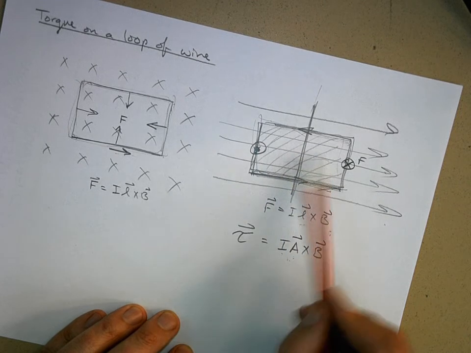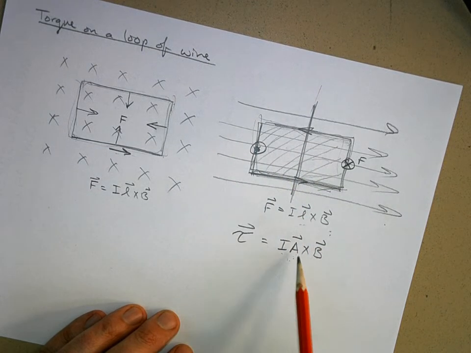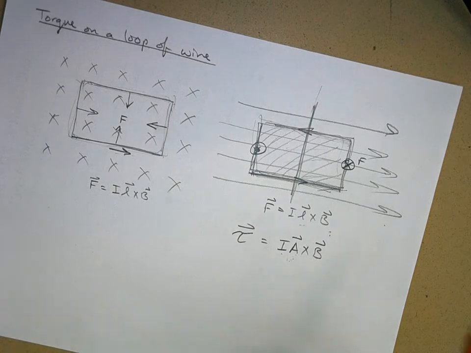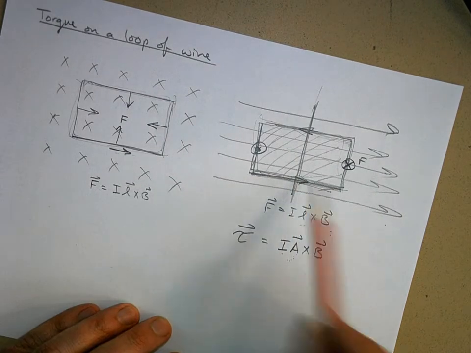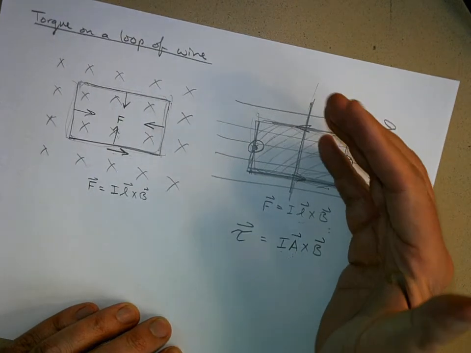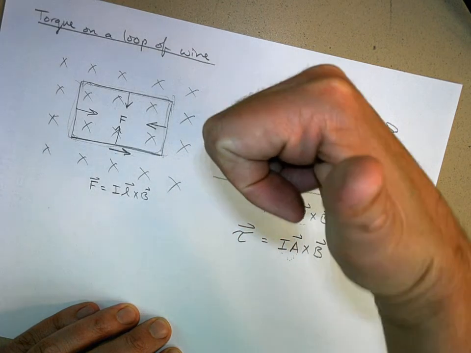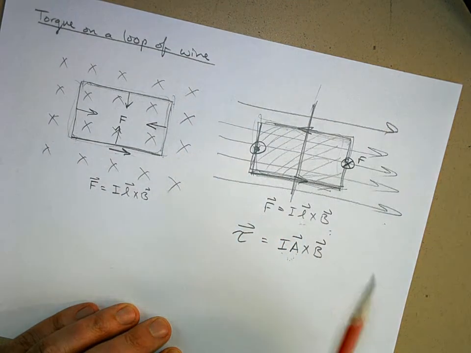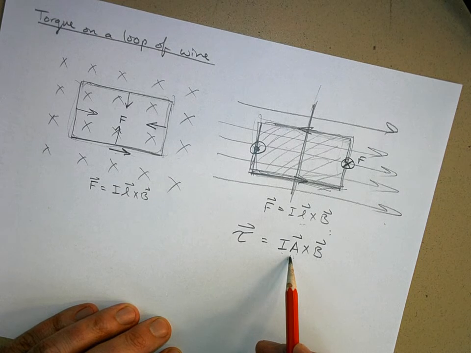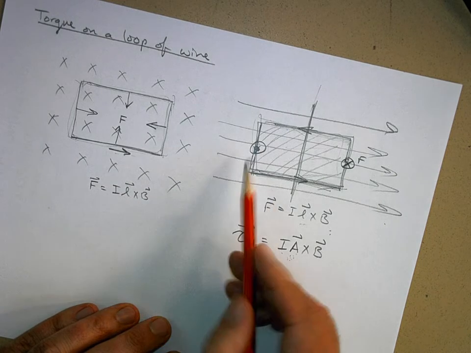Here's that area. Now, what's the direction of the area? Well, when in doubt, use the right-hand rule, and that's what we're going to do. If you take the current flowing like this, you circulate your fingers in the direction of that, and so you have an area vector that's up. So this area vector has a magnitude of the area of this rectangle.